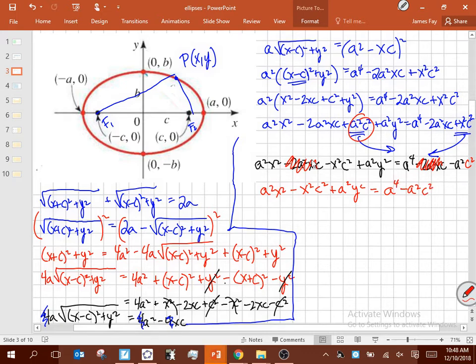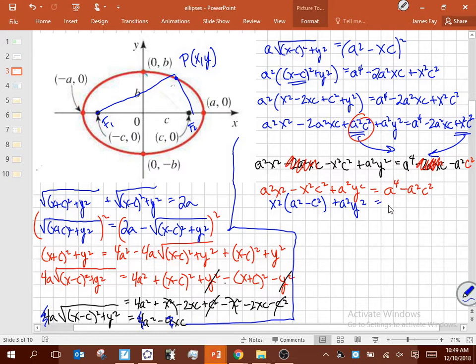Now we're going to look at these first two terms on the left-hand side, and they have an x squared in them. So I'm going to factor that x squared out. So it's going to be a squared minus c squared, and then plus a squared y squared.